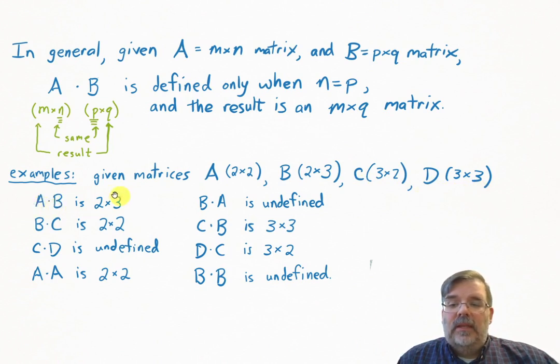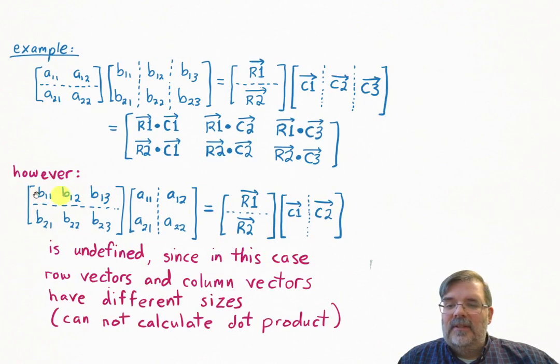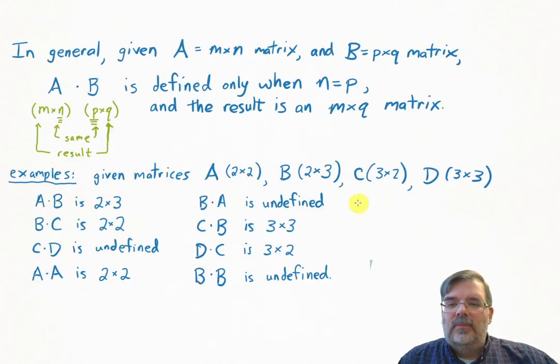Then A times B will be a 2 by 3 matrix, if those are compatible, but B times A is undefined. We just saw that example on the previous slide. Right? We can't multiply a 2 by 3 times a 2 by 2. We can multiply a 2 by 3 times a 3 by 2 because those inner dimensions match, and the result will be a 2 by 2 matrix.